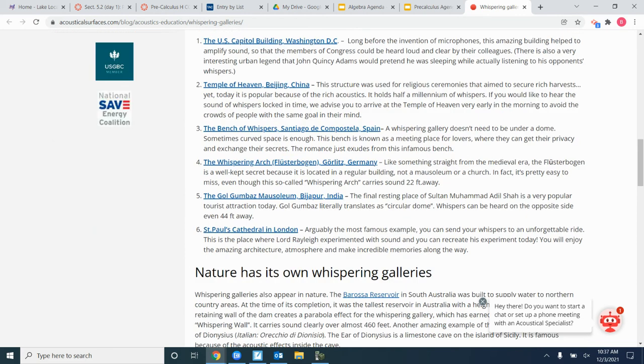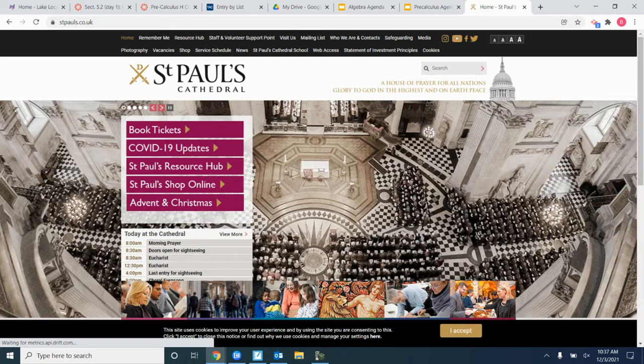St. Paul's Cathedral in London is arguably the most famous example. Okay, so if you want to do a little field trip, St. Paul's Cathedral in London, so you can see where this, and Lord Rayleigh experimented with sound, so you can recreate his experiment today. So you want to go take a look at St. Paul's. There we go.